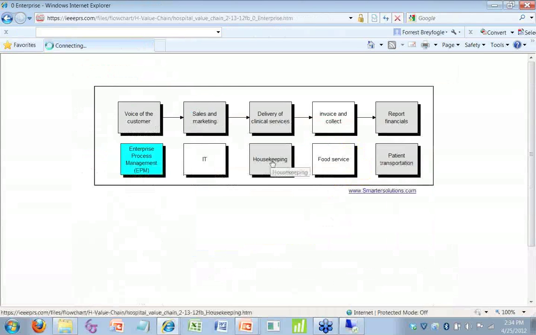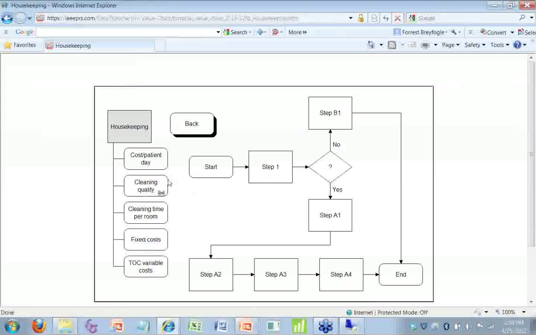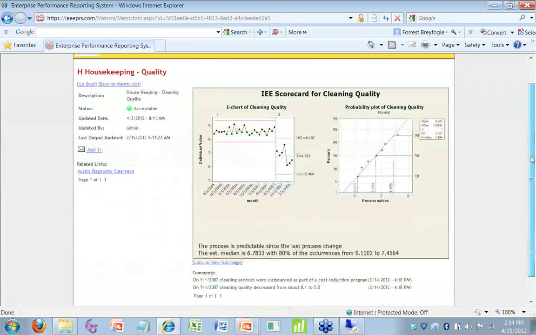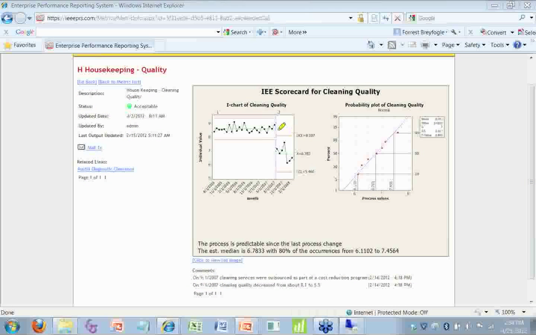Let's look at housekeeping now. So we're looking at a cleaning quality metric here. Oh my goodness, this is not good. It's indicating that we had this drop here.